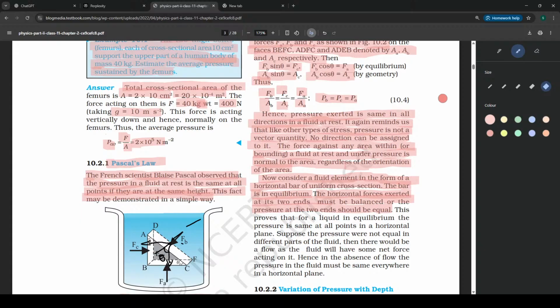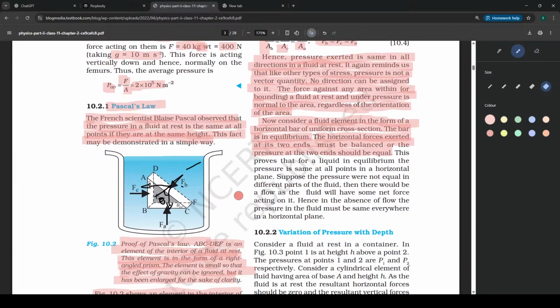Now, next paragraph, if we consider a fluid element in the form of a horizontal bar of uniform cross section. Okay, same thing. Here we imagined an element of a right angled prism. But instead of that, if we consider a horizontal bar of uniform cross section, then the bar is in equilibrium.